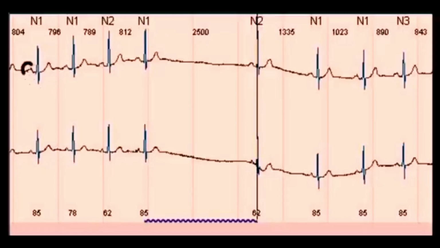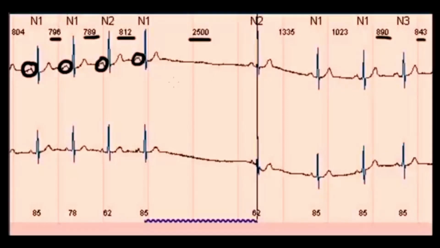You can see clearly here that we've got P waves, and then basically no activity whatsoever. The approximate time period is about 800 milliseconds, and here we've got about 2500. So that's about 3 beats that were missed, and then it resumes and comes back down to about 800.